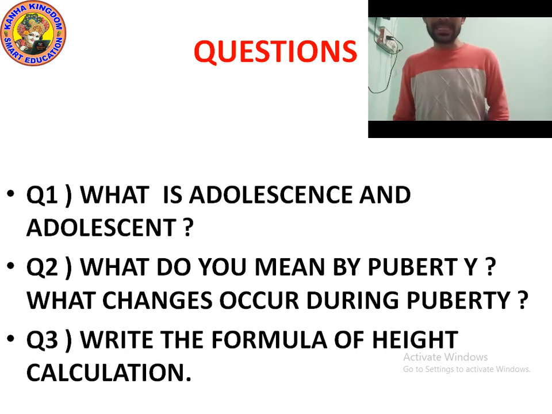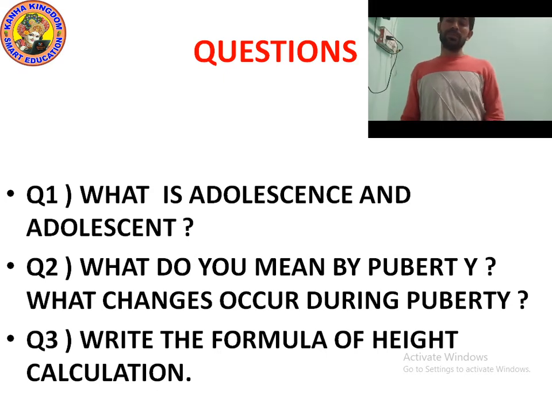And those boys and girls whose age is between 11 to 19 are called adolescent. Adolescents are also called teenagers. So the boys and girls are called adolescent, and the period of life when the body undergoes changes is called adolescence.